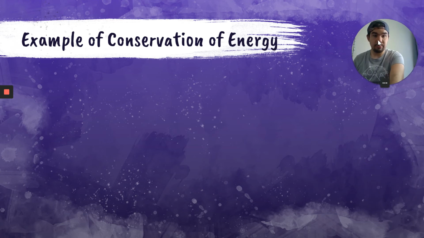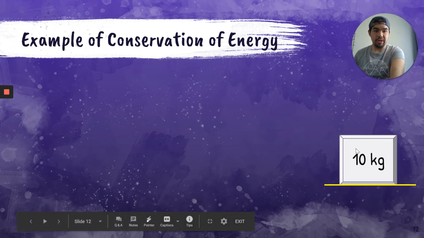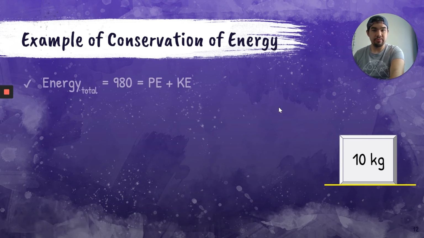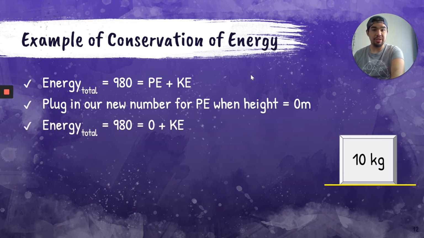All right. So we have our box right at the ground. We know that the total amount of energy is 980 joules, and the total amount of energy is however much potential you have plus however much kinetic you have. We want to plug in our numbers for potential energy when height is 0, which we already did.